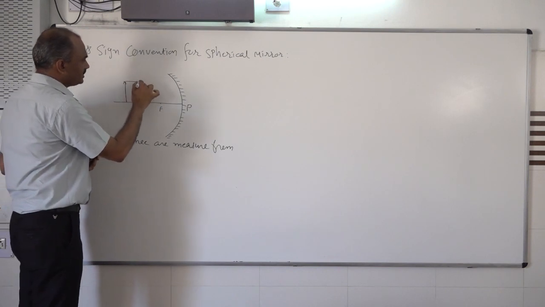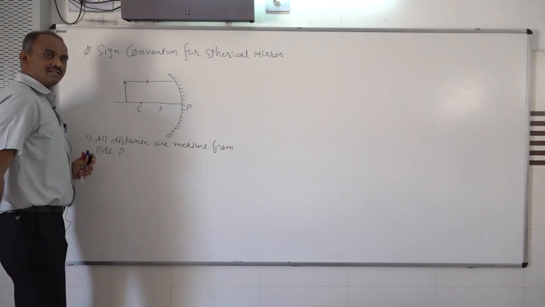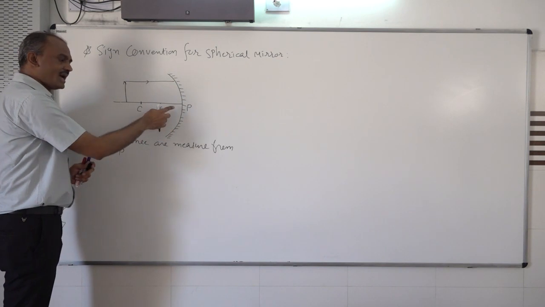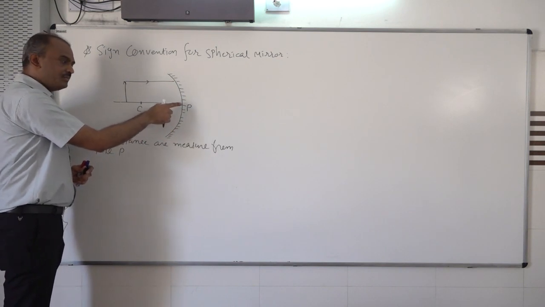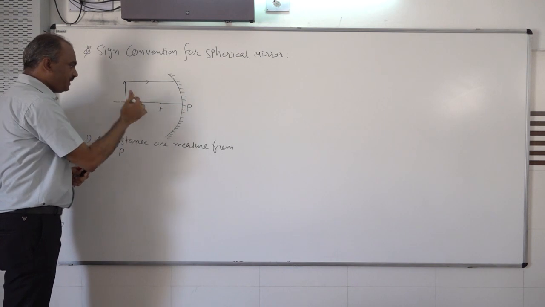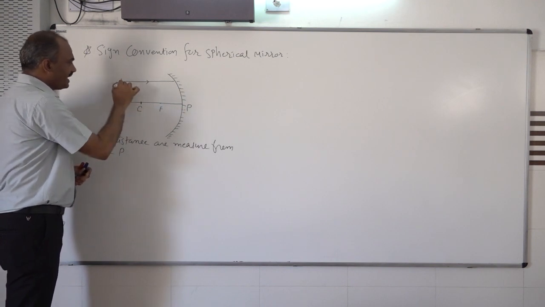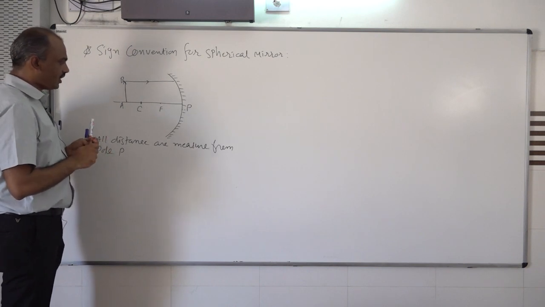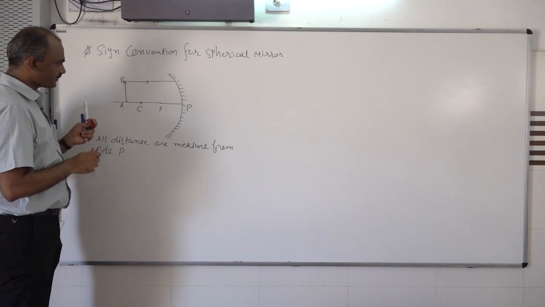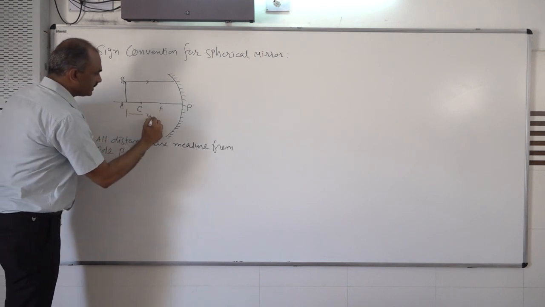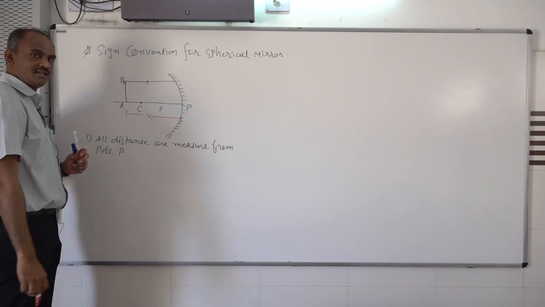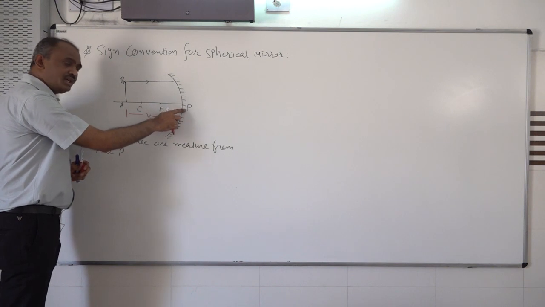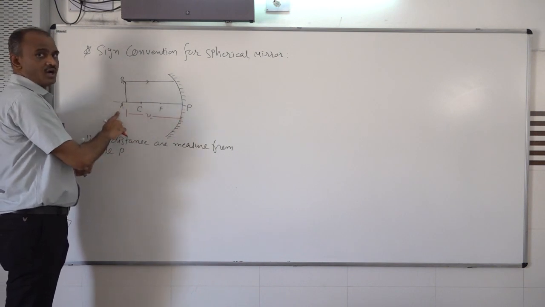This is the direction of the incident ray, and we have to measure the distance from point P. So from point P, if this is the object B, this distance is known as the object distance u. This distance is measured from point P to this object.